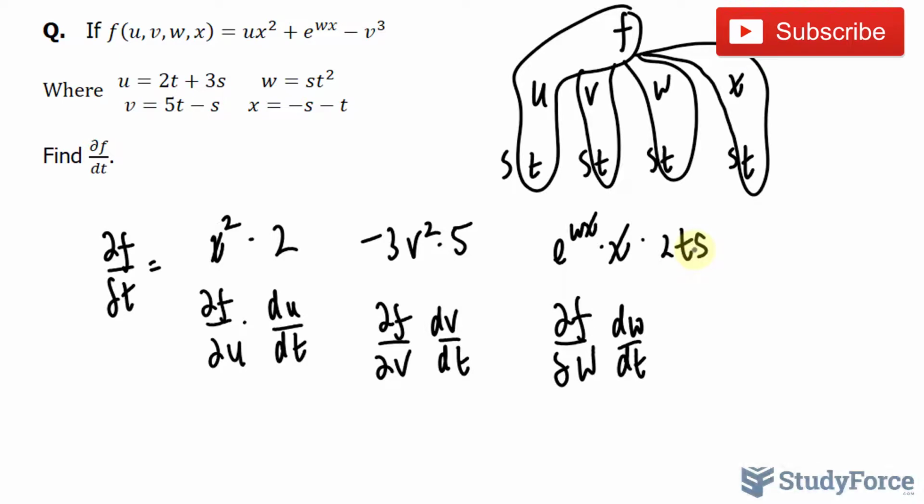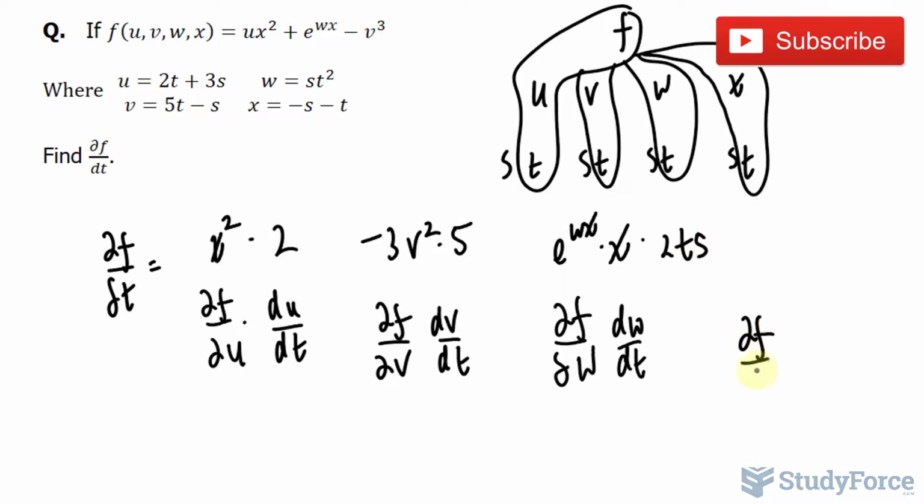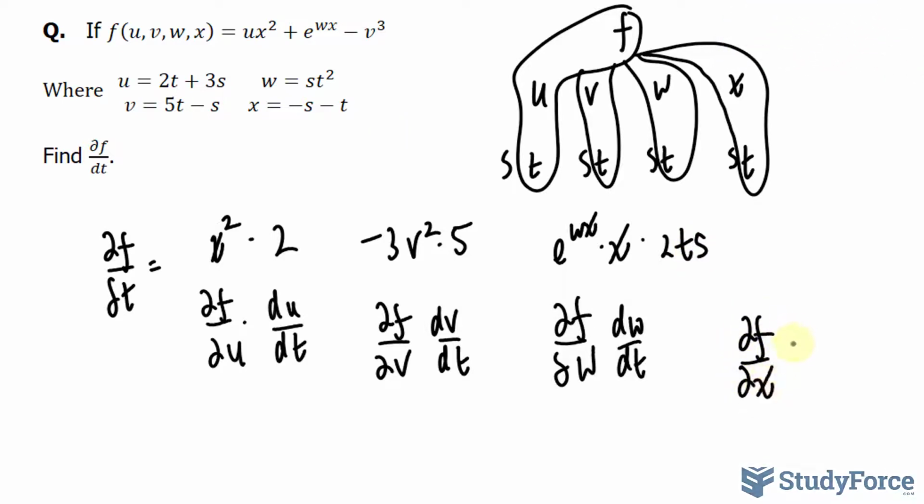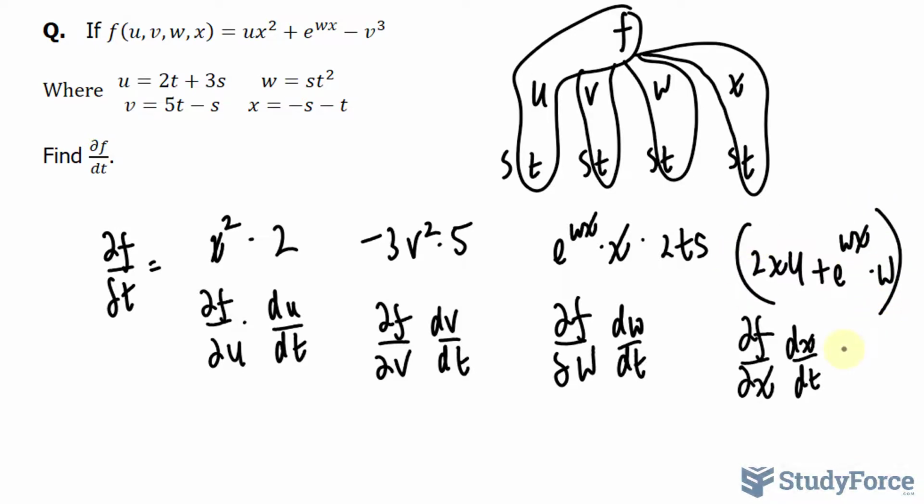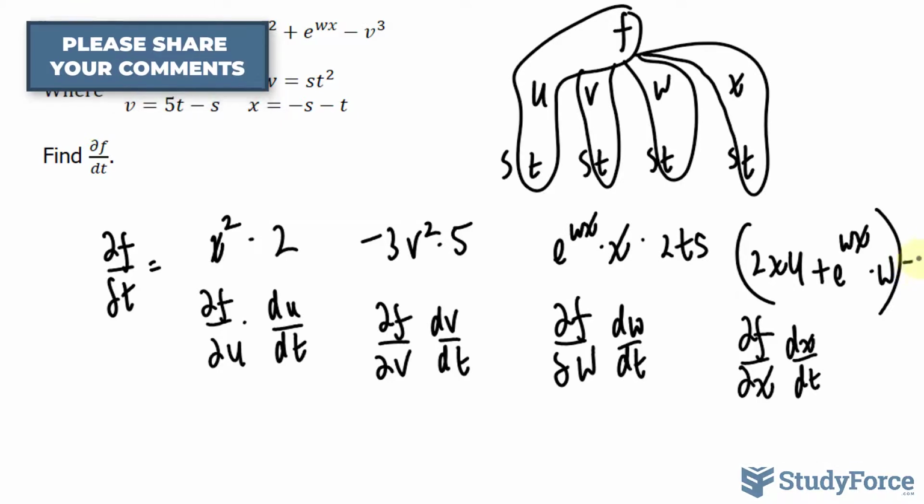Easy. Now last one. The partial derivative of our function with respect to x, dx over dt. Let's go ahead and do that. Starting here, we have 2xu. Over here we have plus e^(wx). Multiply that by w, and this becomes 0. And we'll multiply that now by the derivative of this with respect to t, which is negative 1.